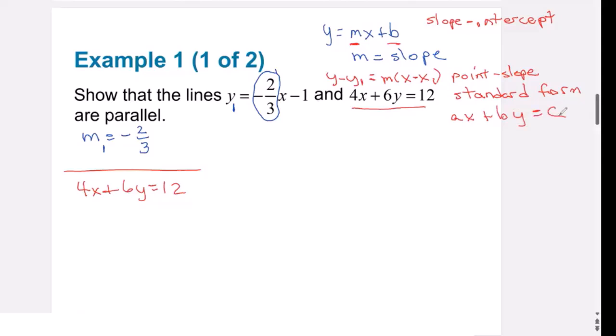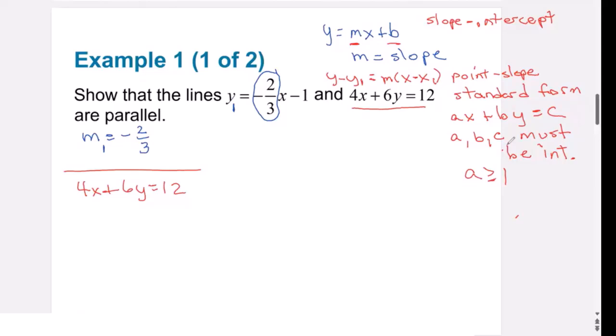The rules about A, B, and C are that they must be integers, which means whole numbers, positive, negative, or 0. And A must be greater than or equal to 1, because it can't be a fraction.